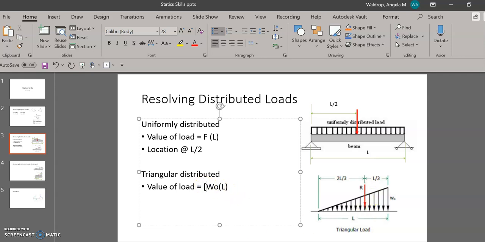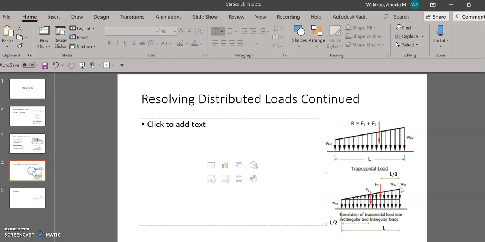So I'm going to put my brackets in here, where we know that we have to divide that whole thing by 2. That's exactly how we find the area of that triangle. The load in this case, you can see in the diagram, is 1/3 from the large end of the triangle. So the location is at L/3 from WO. Okay, so that's how we determine that.